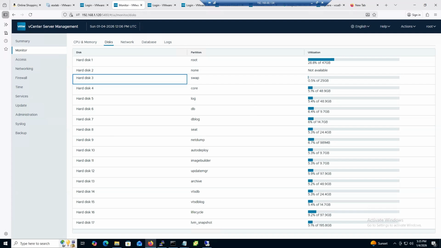If short-term swap usage is visible from our command prompt, then it is acceptable. For a short duration, due to some memory pressure, the swap file came in, and then again it came out.